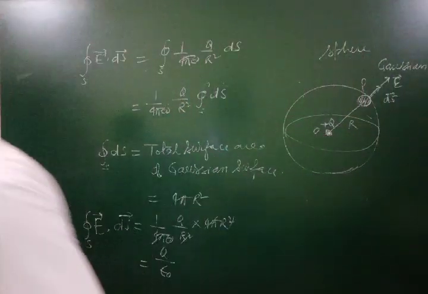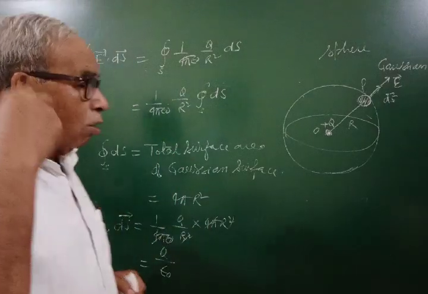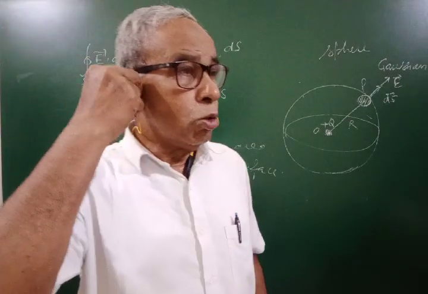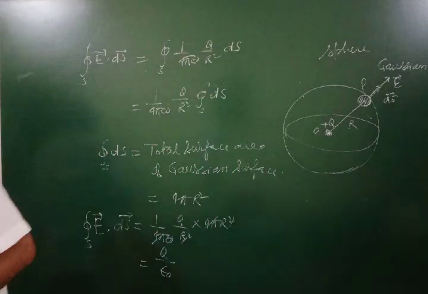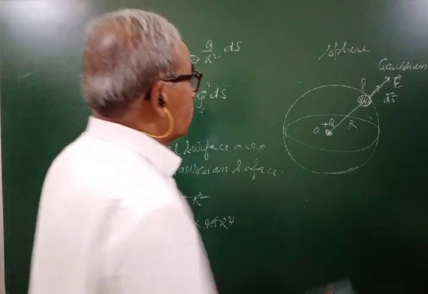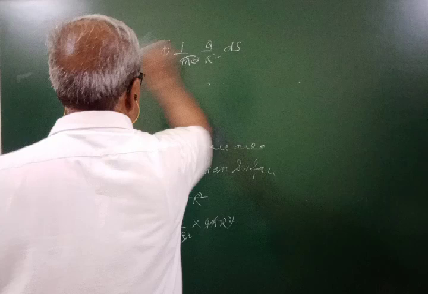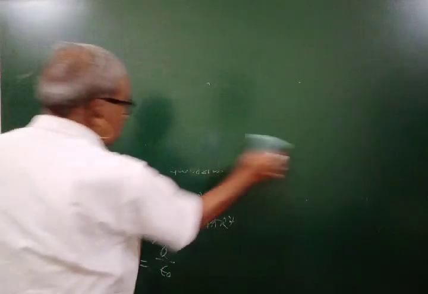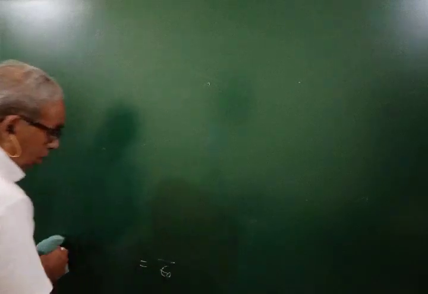Now why are we learning Gauss theorem? Because we want to find the electric field due to different charge distributions. So I will take that in the next video, but before that I want to tell you one question regarding electric flux. The electric flux unit is Newton meters square per coulomb.